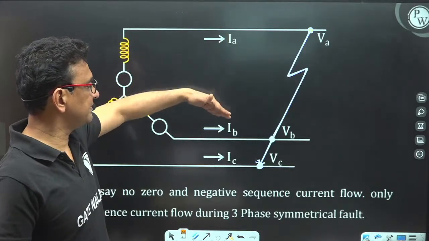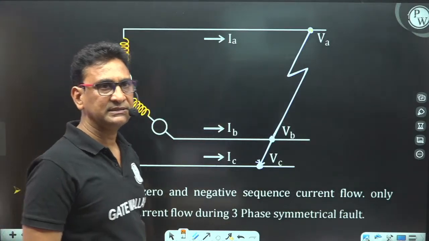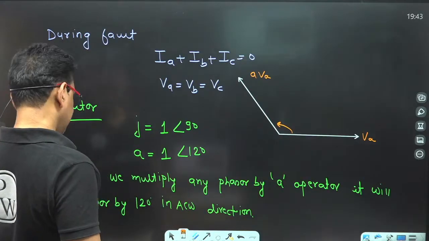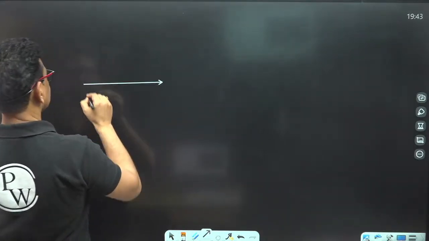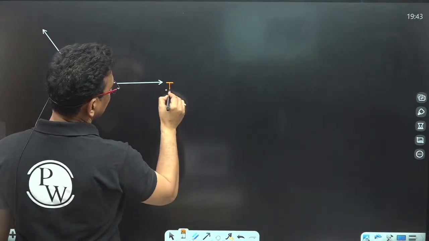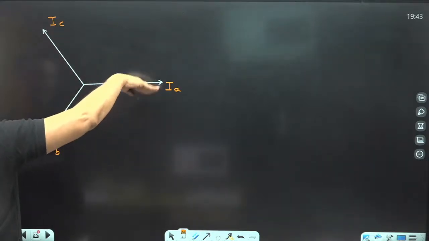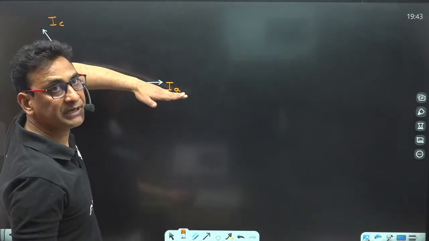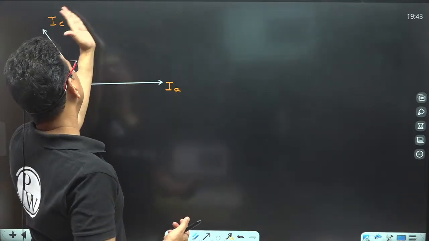Now we come to this. We have three currents in the symmetrical fault. Our system is symmetrical, meaning the magnitude of all three currents are equal and there is a phase difference of 120 degrees. So let us draw IA, IB and IC. This is IA, IB and IC. Phase sequence is ABC. Now I told you, if I multiply this IA by the A operator, then this phasor will rotate 120 degrees anti-clockwise.